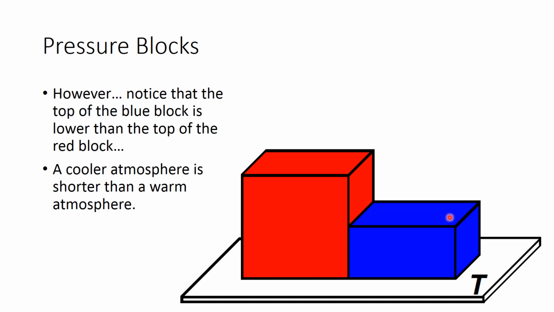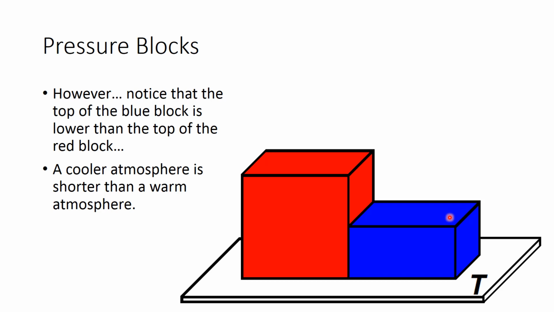And that's essentially what happens when you have a warmer atmosphere. It's going to be taller than a cooler atmosphere, which is going to be a lot shorter. And in fact, I'm also going to put in the comments, as I'm writing this video, there's a major cold outbreak happening on the East Coast of the United States, and I was taking a look at Buffalo, New York last night, and there was an instance where the top of the troposphere, the tropopause, was way lower than it normally is.